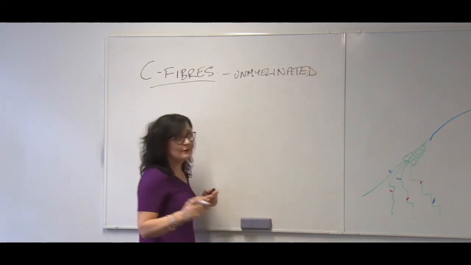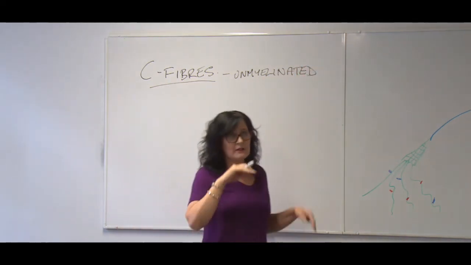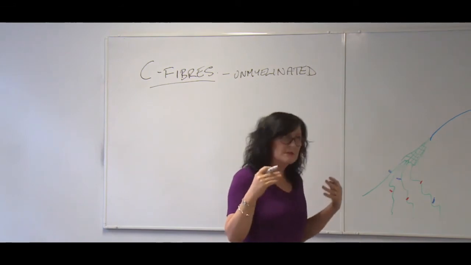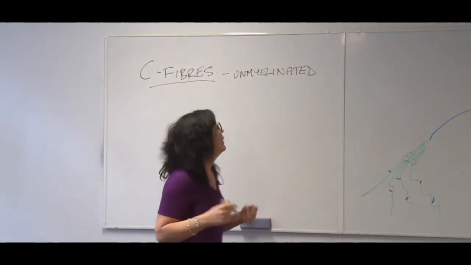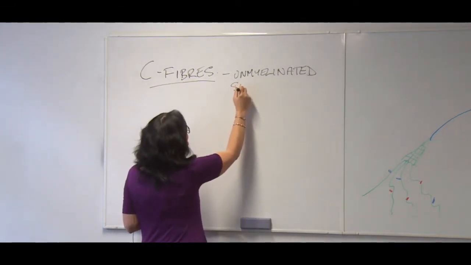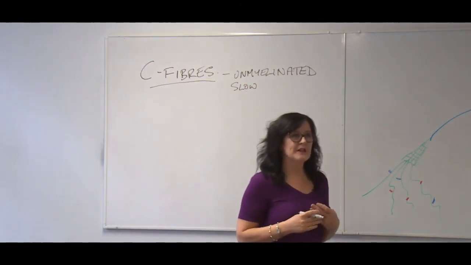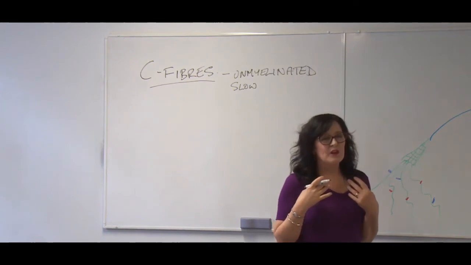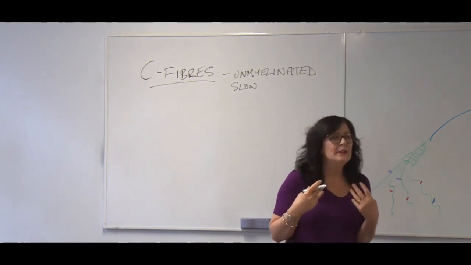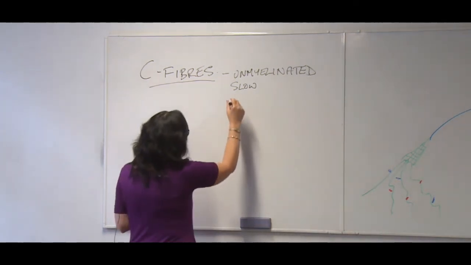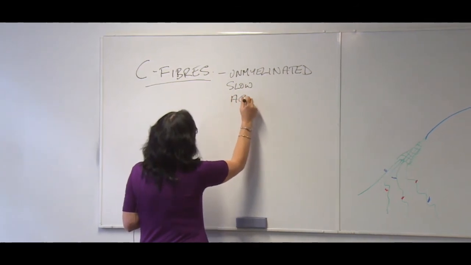Therefore, our poor little action potential has to go from channel to channel to channel. Therefore, they're slow. Because they're slow, C fibres, when they're activated, give us that diffuse, dull, achy pain. So we get an ache.